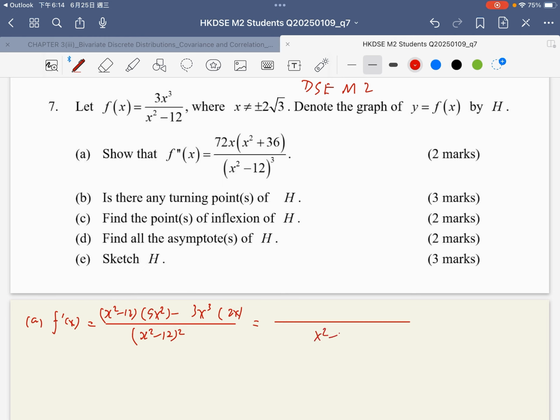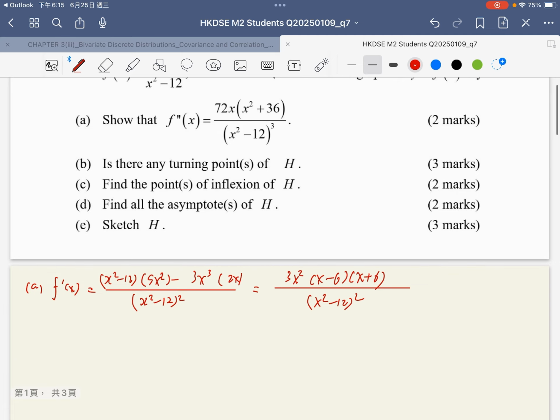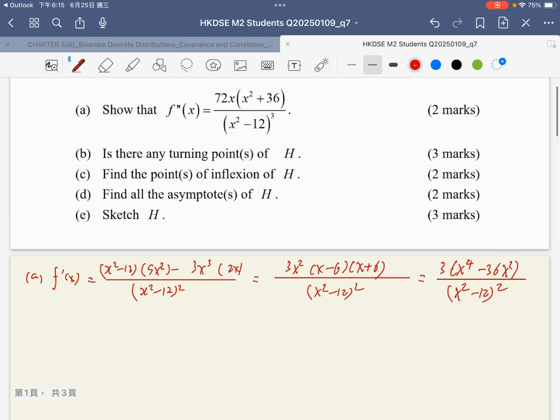We got the answer here: 3x squared times (x minus 6) times (x plus 6). Because I have to do one more differentiation, I expand the numerator for easy differentiation: 3 times x to the power 4 minus 36 x squared over (x squared minus 12) squared.